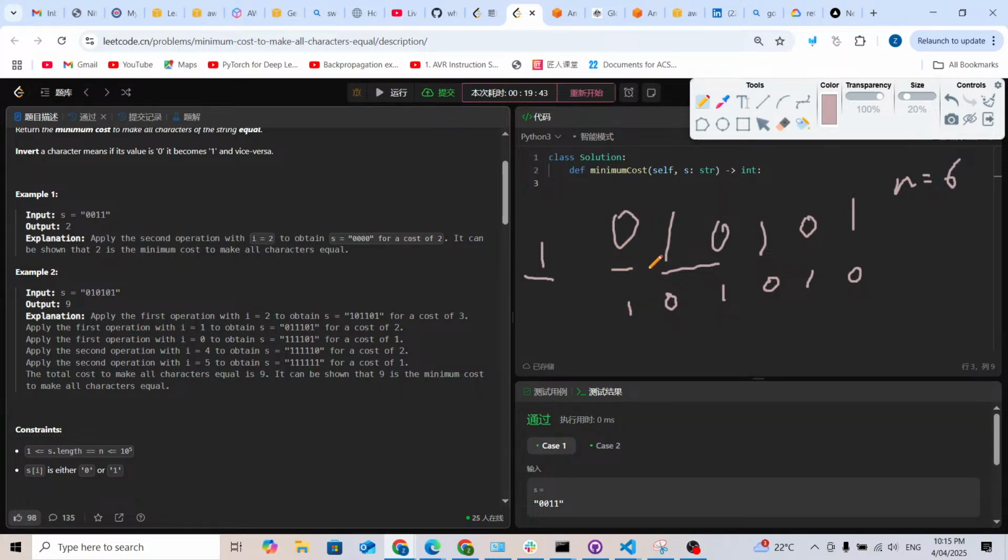As this is 0 and this is 1, the cost from the left side is 1, so this means we're going to invert. Now we're going to check the next. For the next one, this means we're going to invert 0 to 1. So this is 1, and this is 0.